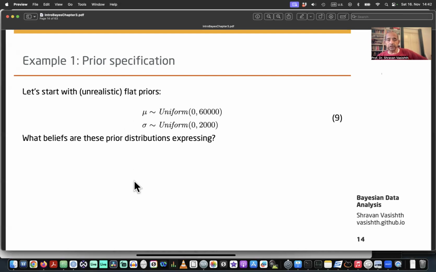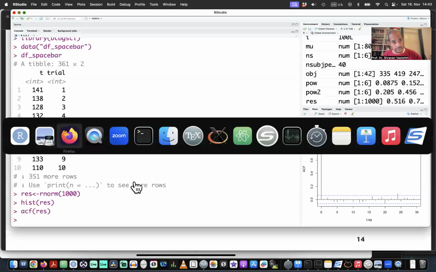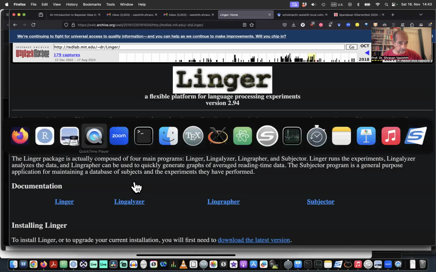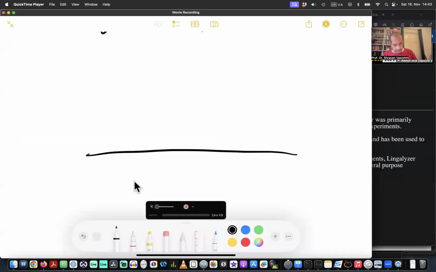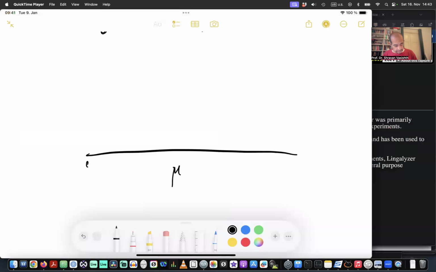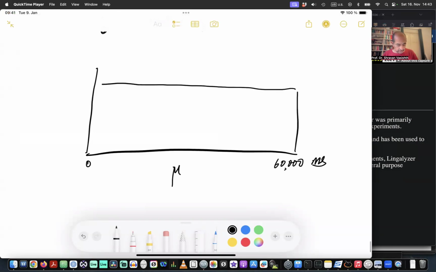For mu, you could have a uniform prior that goes from 0 to 60 seconds. This is button pressing time, and 60 seconds is an insanely long time. So what it amounts to saying is that the prior on the mu parameter, in milliseconds, assumes that all possible values between 0 and 60,000 milliseconds are equally likely.